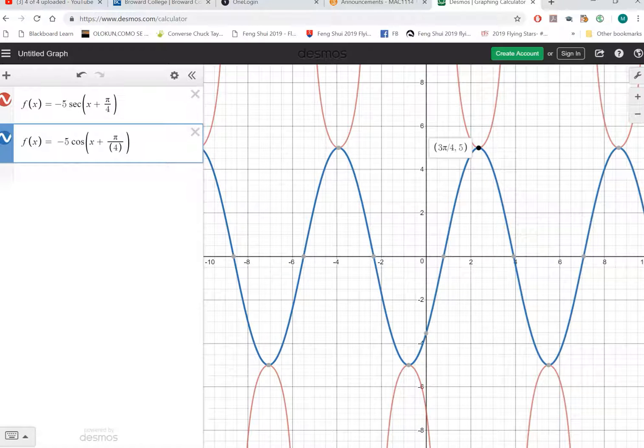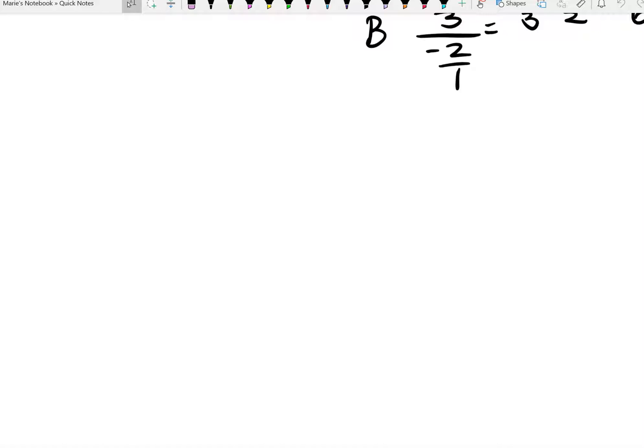43. Now, 43 does not require Desmos, so let me go back out. This one says the angle of elevation from the top of a house to a plane flying. Well, obviously the plane's going to be, I guess that's what a plane looks like. Okay.